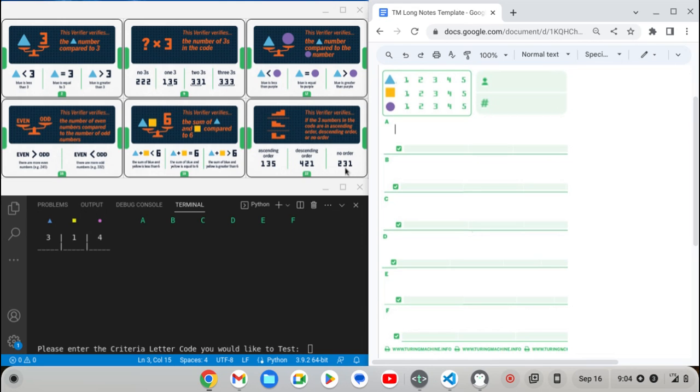Now notice in the example 231, it goes from 2 to 3, so it increases, and then it goes from 3 to 1 and decreases.